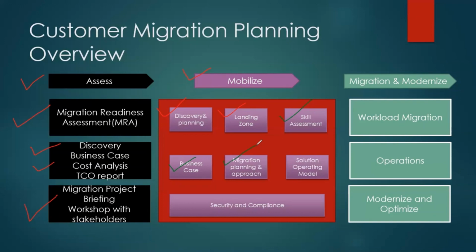Then in the second phase, medium critical applications can be moved, and in the final stage, more and more critical things will be moved. So initially, a customer is not having confidence to move to cloud. Once we complete phase 1 and phase 2, they will gain more confidence, and he can move to AWS cloud with more confidence. And how the operating model will look like. So all these things are discussed in Mobilize.